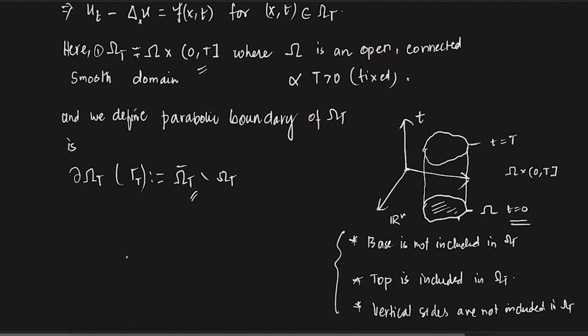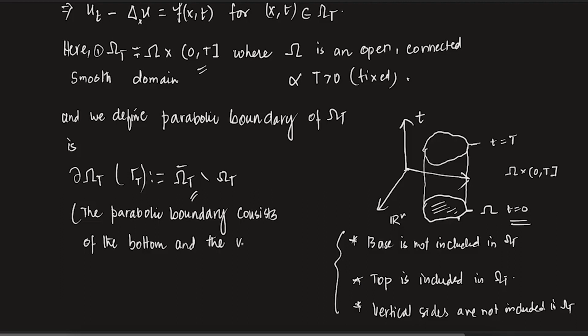Let me put it this way: the parabolic boundary consists of the bottom and the vertical sides of omega cross 0 t, closed at 0 t.